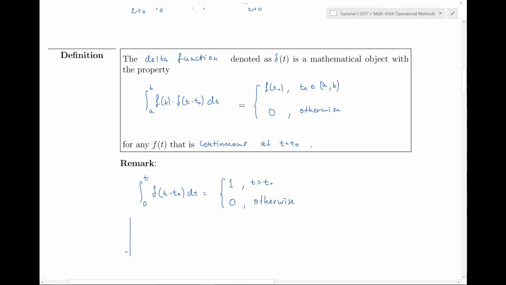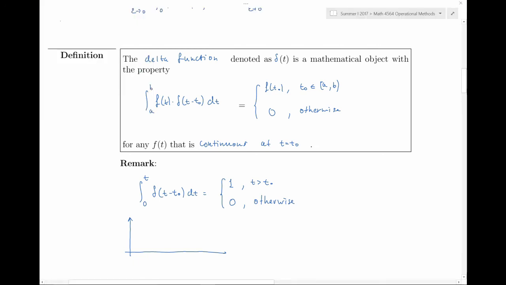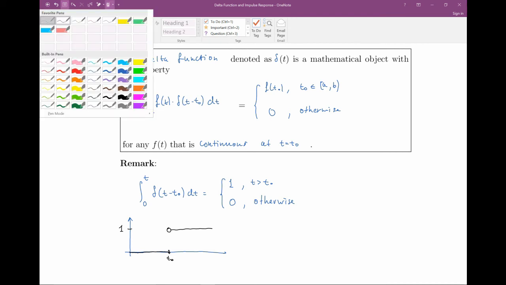So if I plot this function, this is going to be its plot. The function is going to be 0 until it reaches t naught, at which point it jumps to 1. And we know a function that does something like that. It's called a Heaviside function.